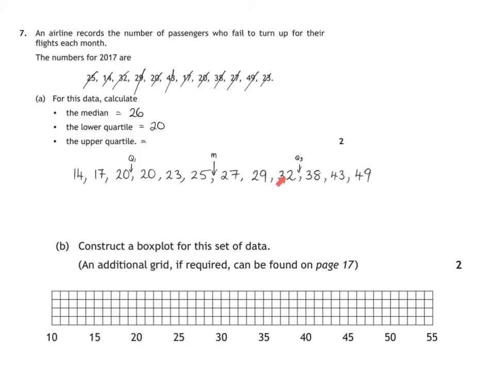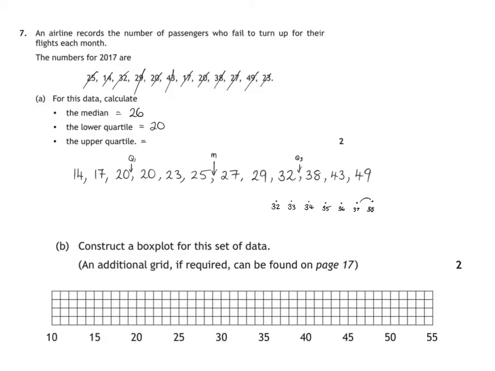And then our last one in between 32 and 38, not quite so easy. If we count up, or we can do a little number line underneath if we want. So we have 32, then 33, 34, 35, 36, 37, and 38.